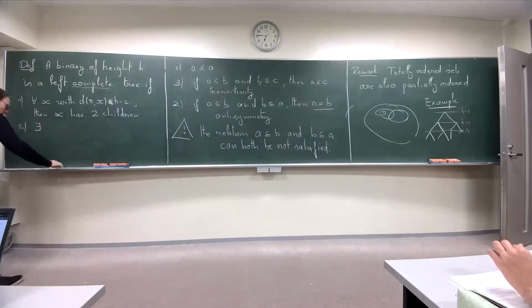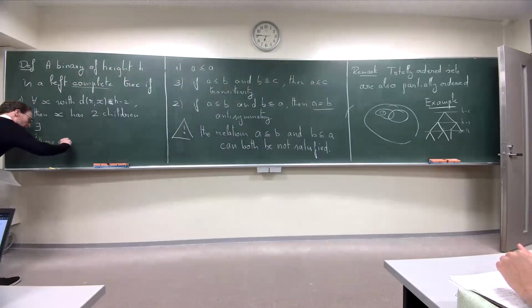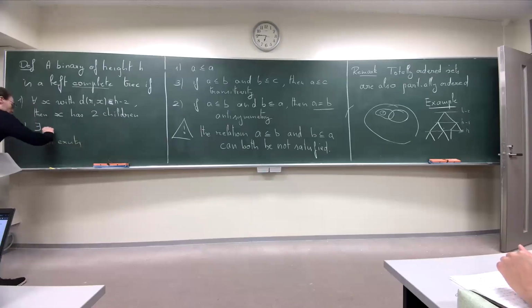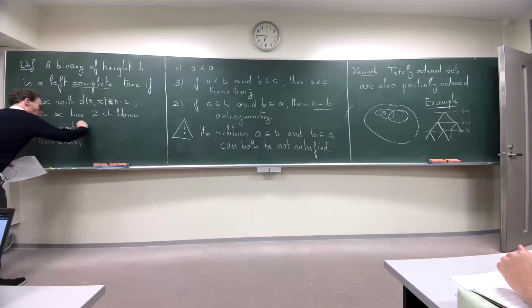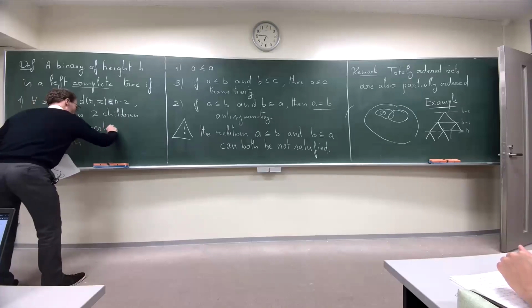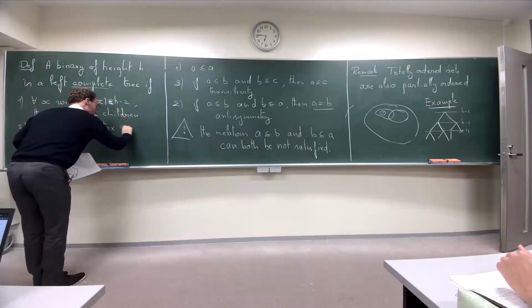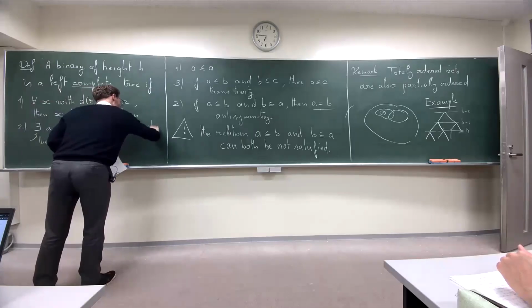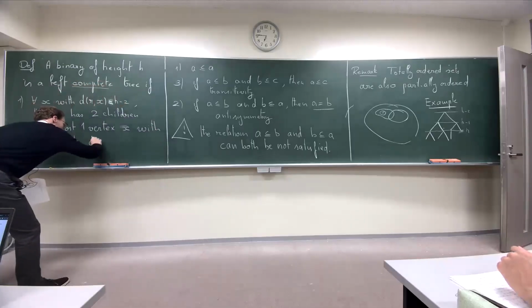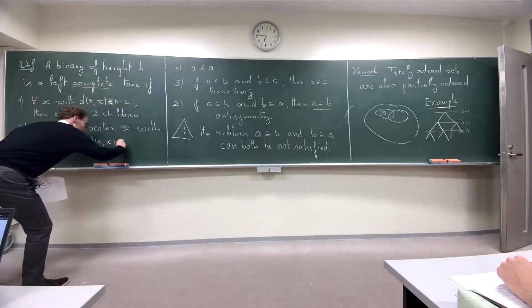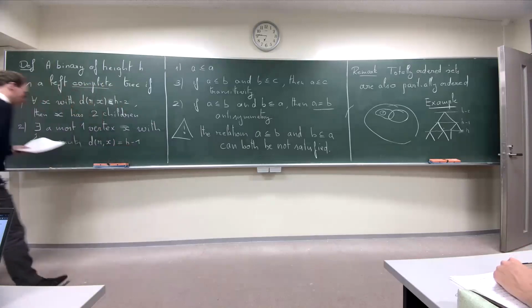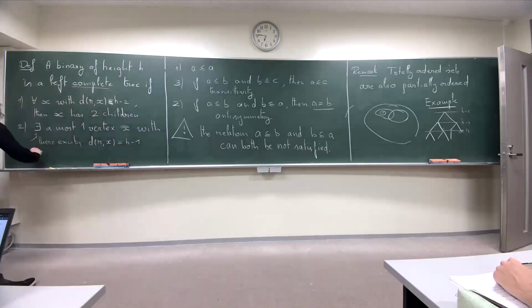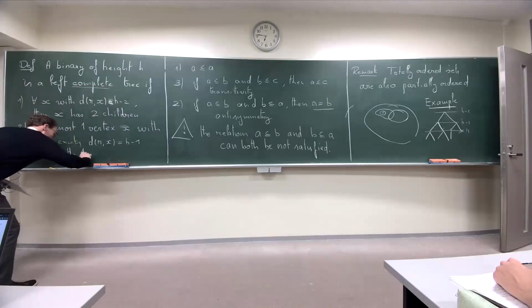They exist, remember this sign means they exist. They exist at most one vertex x with d of Rx equal to h minus 1 and with one child.